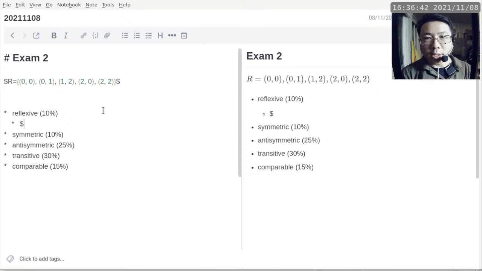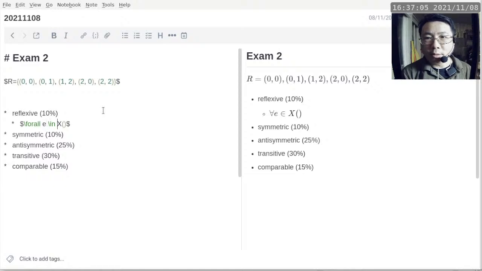So the reflexive is basically saying for all E in X, then we want the following condition to be true. Actually, it's just E. We don't even need an F in this case.